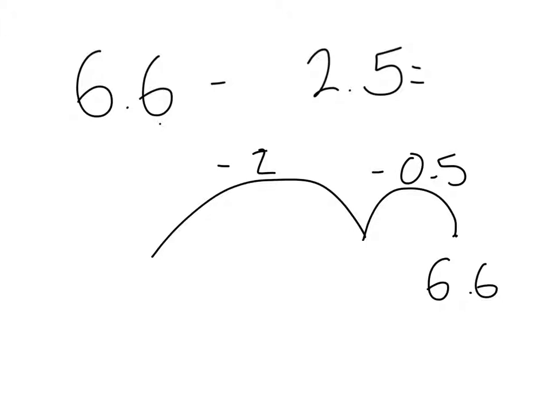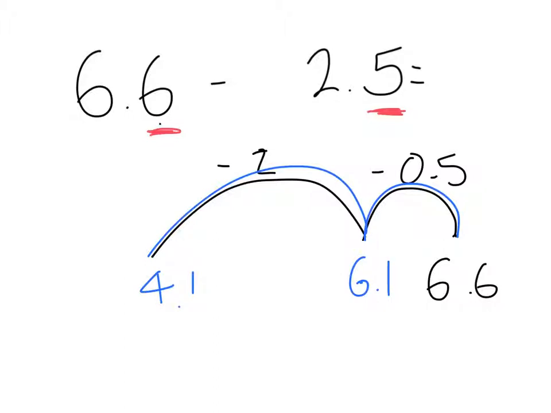So this is a little bit different in that the ones digit here that we're taking away is smaller than the ones digit here, so we only need to take 2 jumps. So when we take off 0.5, we end up with 6.1, and then we take off another 2, we are at 4.1. So the answer is 4.1.